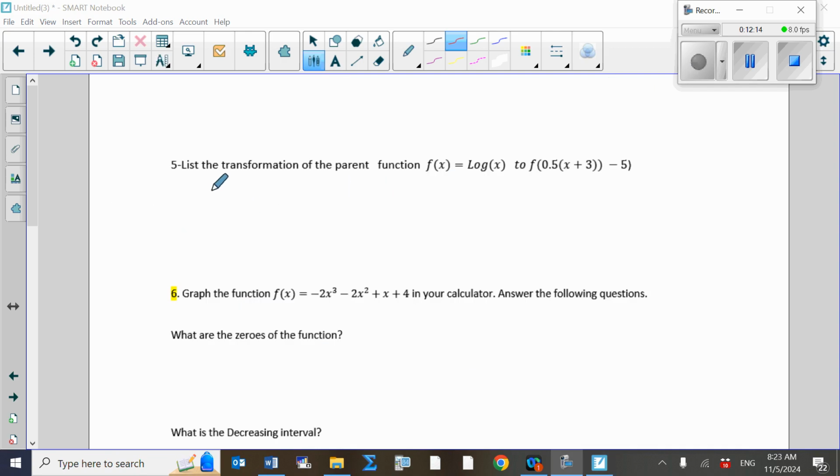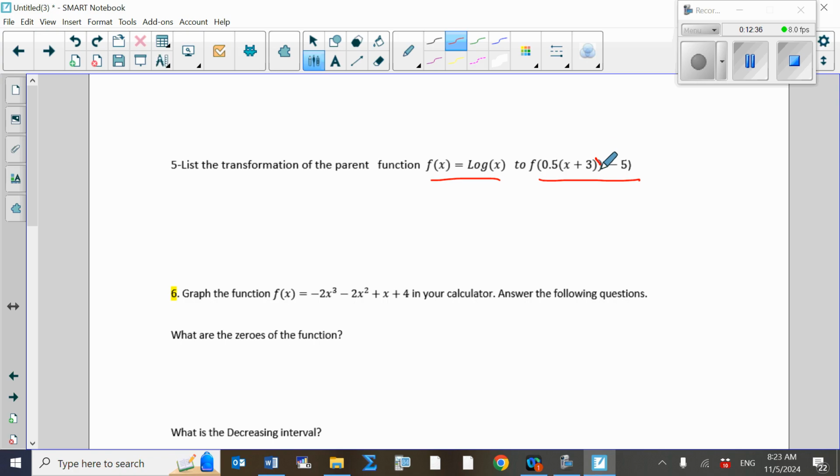This question is asking us to list the transformations that are happening to the parent function f of x equal to log x if the f of x is changed to this form. So basically, I can find the transformation looking at these values that are added, subtracted, or multiplied here.